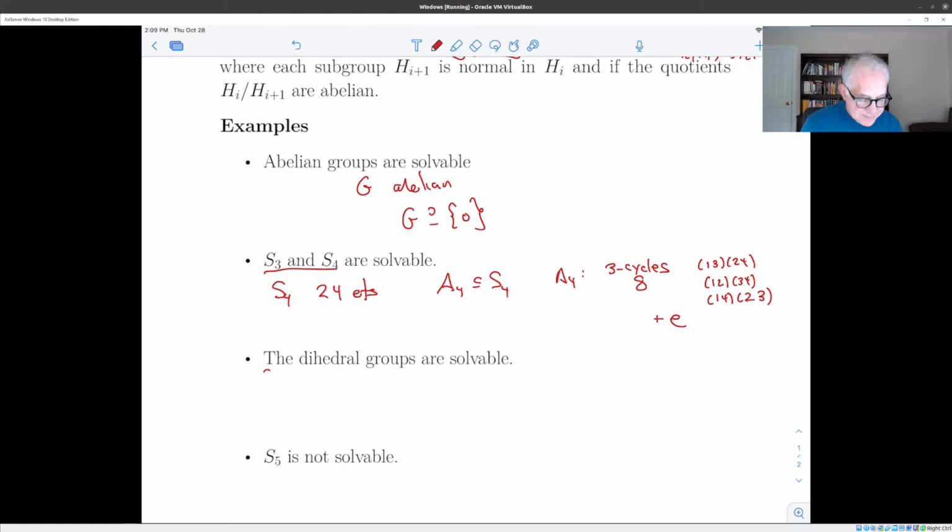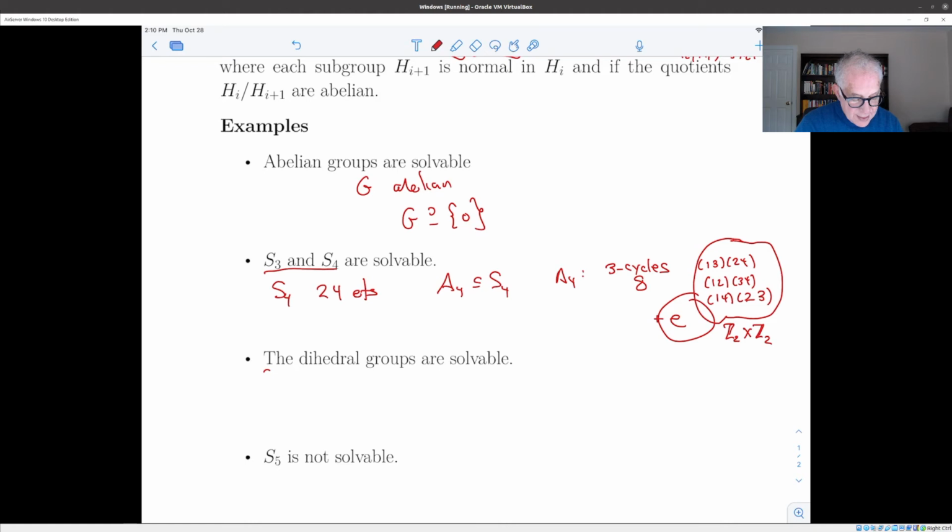And if you take inside A4 this subgroup here, the products of transpositions plus the identity, this is a little subgroup with 4 elements, which is isomorphic to Z2 cross Z2.